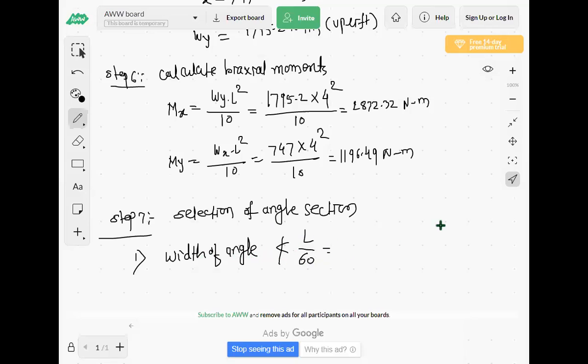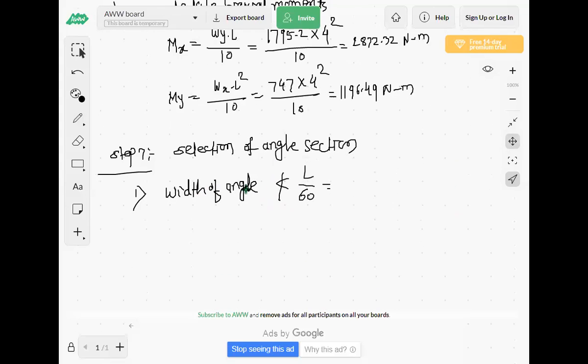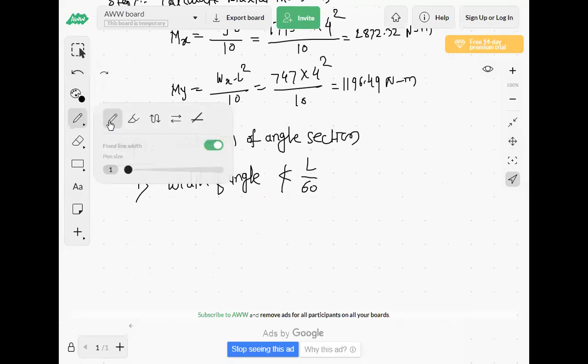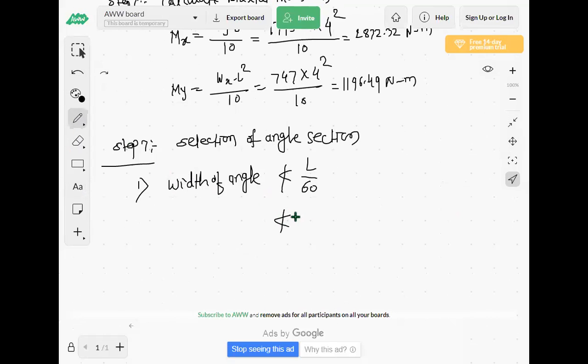So here, L by 60. What is L? Again spacing of truss. So here spacing of truss is 4000. 4 meter means 4000 mm. So 4000 divided by 60.